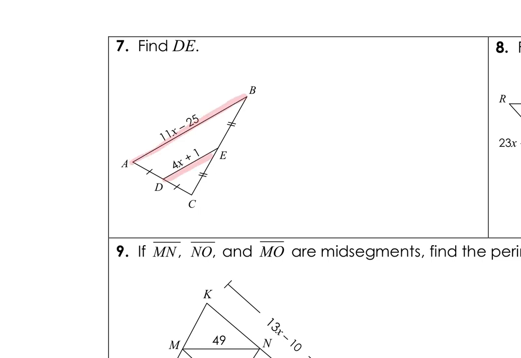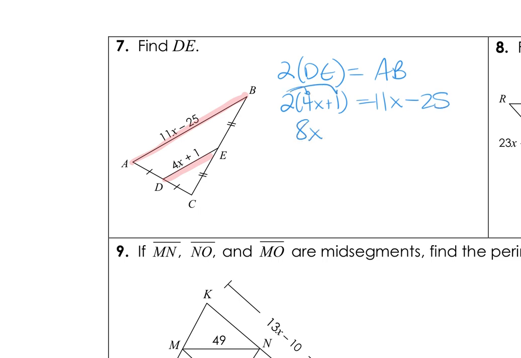Midsegment, parallel side. So I'm going to do 2 times DE is going to equal AB. Go through, solve this one. Bring that baby to the mama.